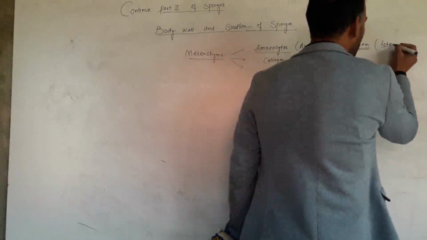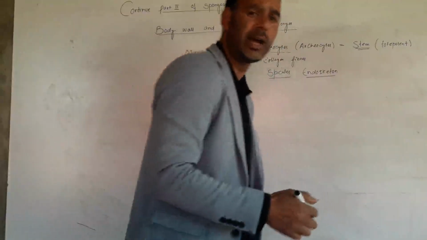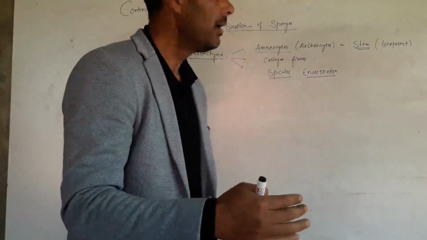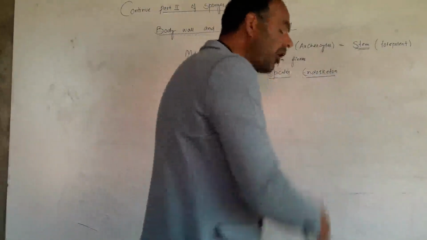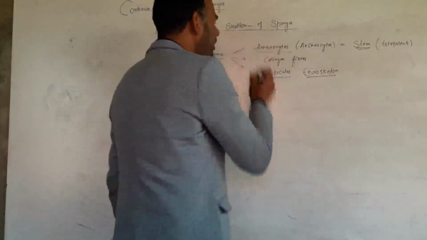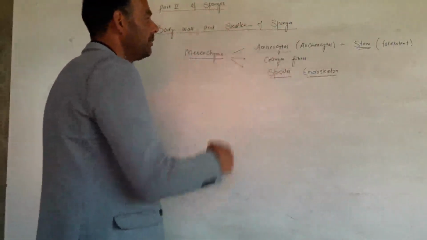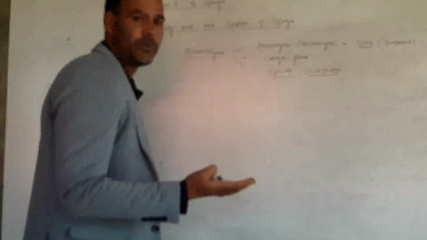as these cells are totipotent, and this totipotency is bidirectional. They can give rise to any type of cell, and the cells revert back into archaeocytes when the need arises. Why are they called amoebocytes? They behave like an amoeba and move within the mesenchyme with pseudopodial movement.